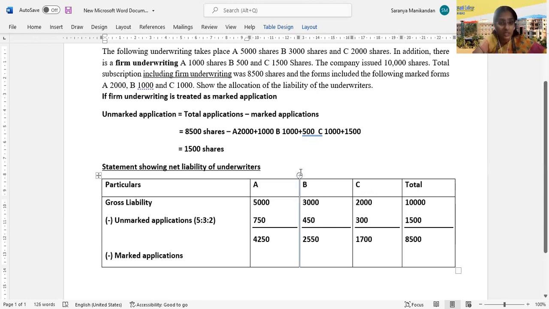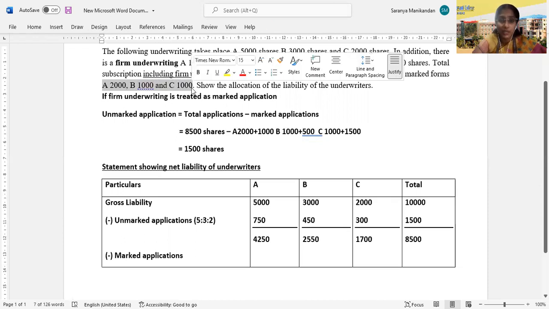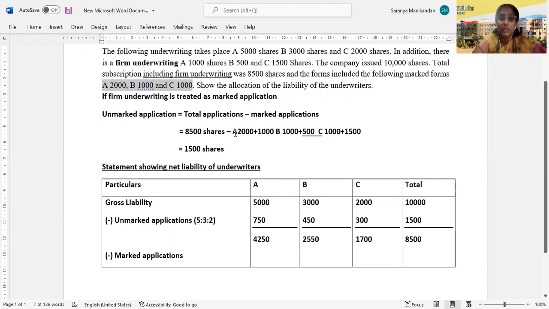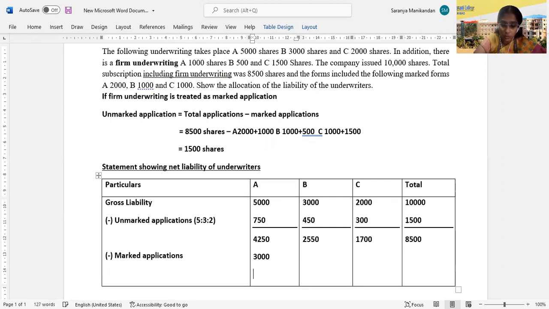Next step is marked applications. Marked application is given in the question as A 2,000, B 1,000, C 1,000. Along with that, we are treating the firm underwriting as marked application. So we got new marked application. For A, how much is it? 2,000 plus 1,000, we have 3,000. So what is the balance? 1,250.